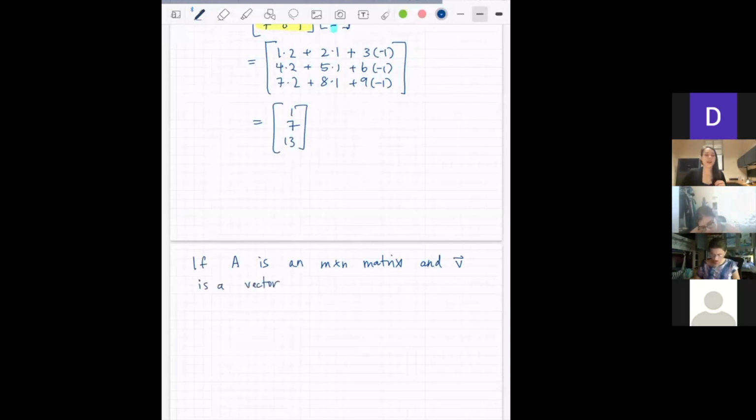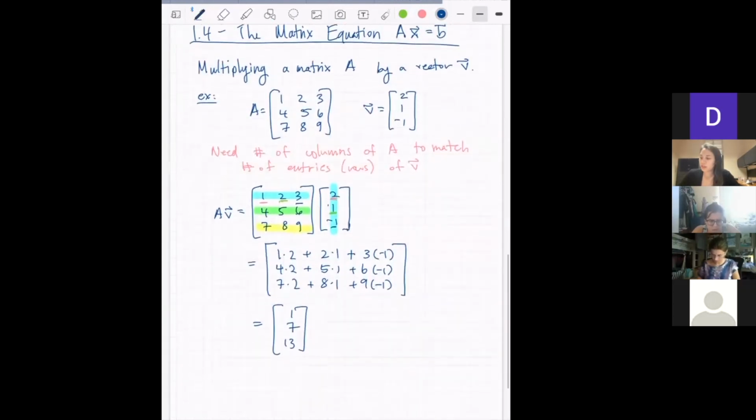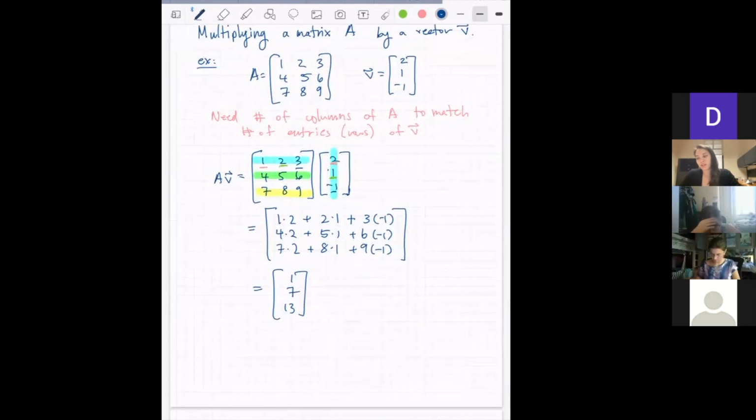Okay, so if A is an m by n matrix, where does v need to be? Like, what kind of vector is this? What length? n times 1? No, that's not right. Like we said, the number of columns has to match the number of entries.